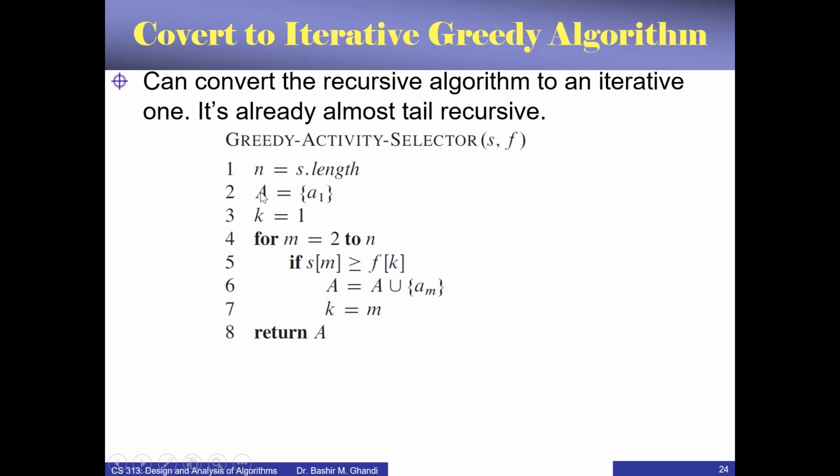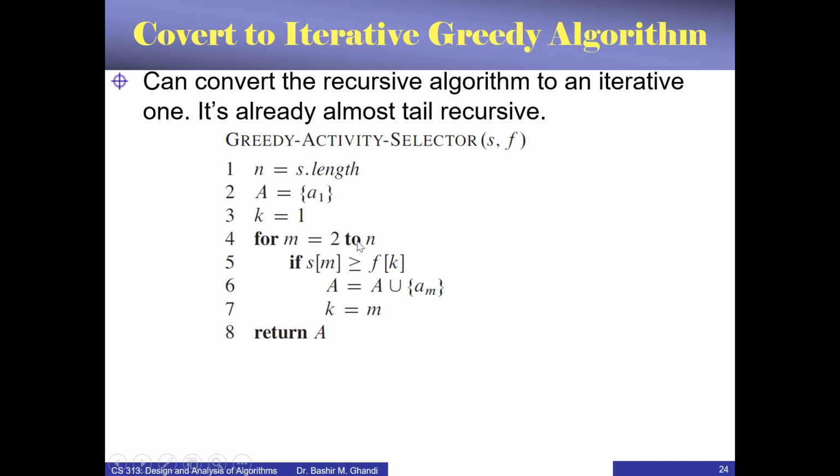Okay. Now we're going to use A as our optimal set, the set that will contain the maximum activities. So straight away we're going to initialize that set A with the first activity to finish, which is A1. Okay, initialize K to 1 and now start a loop for M from 2 until N. Having chosen A1, the next activity to look at is number 2.